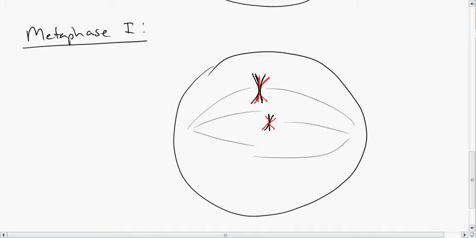And then chromosome 3, these guys are going to line up, forming a third tetrad. And this moment in cell division is called synapsis. In metaphase 1, when tetrads form.